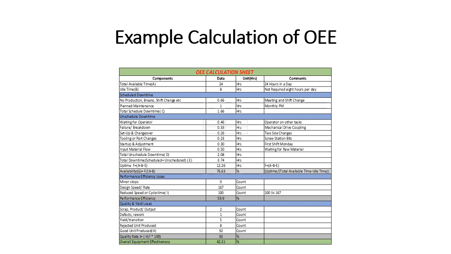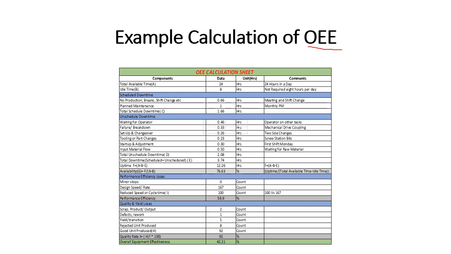This is the practical problem I have tabulated for you, and hopefully it will clear your doubts and reduce your knowledge gap. Suppose you have a machine and we will be calculating OEE for a day.